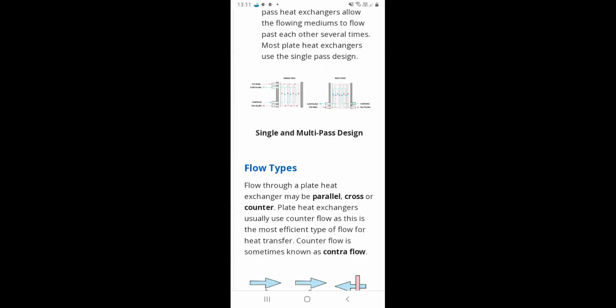And normally some tubes, if you can see, these are completely U type tubes.